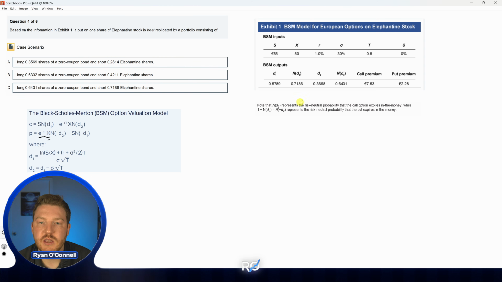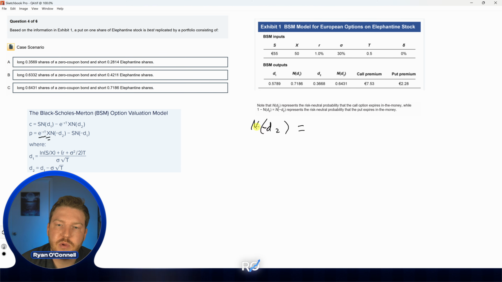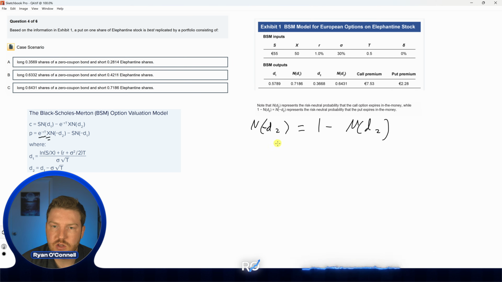So when we see this N(-d2), I got this from the chapters of the summarized notes in the product, N(-d2) is equal to 1 minus N(d2). And so we're given N(d2), but we're not given N(-d2).